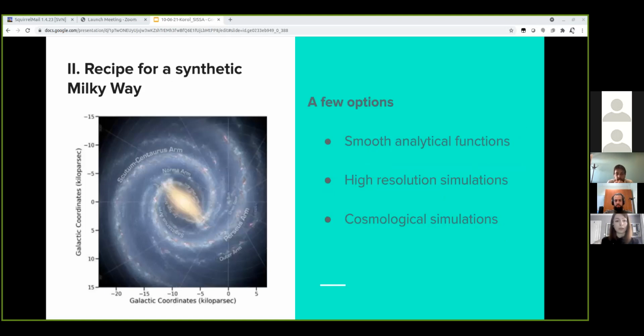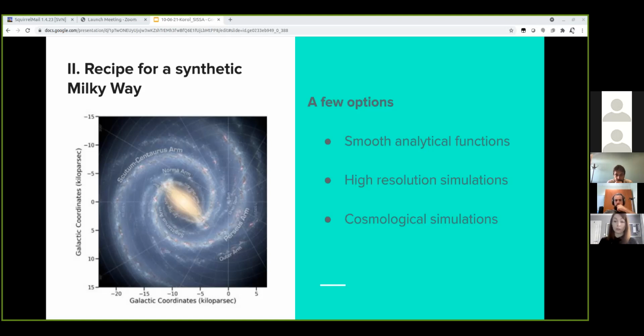Next, we need to add to that a recipe for the Milky Way itself. And here the choice comes down to the specific feature that you want to study. For instance, you can use smooth analytical functions to represent Milky Way potential and density distributions.